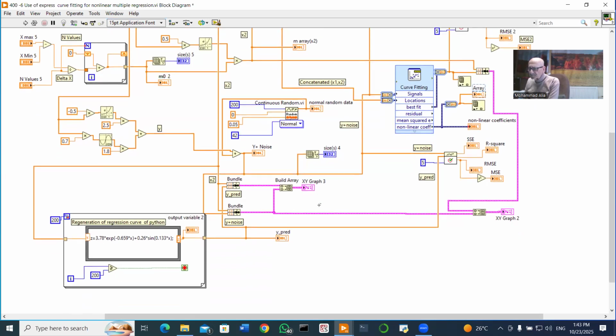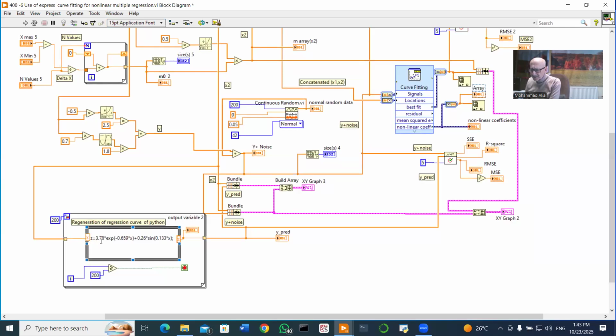Okay, one more interesting thing here. As you see here, I have a formula node in LabVIEW. It is included within a for loop to get as the output an array.